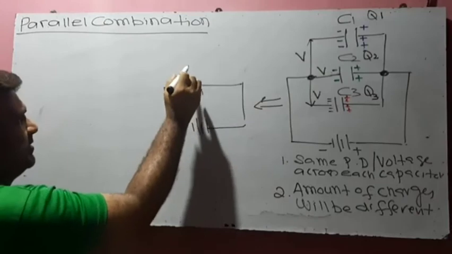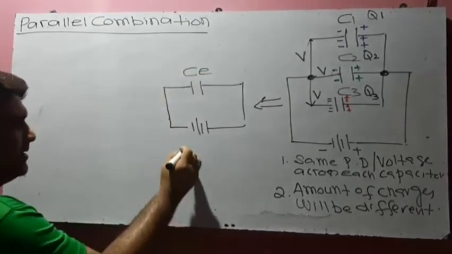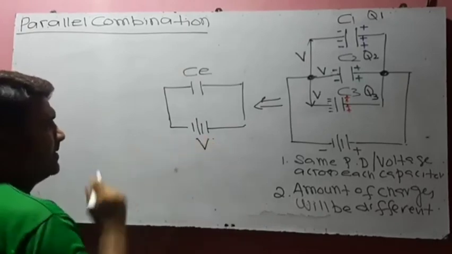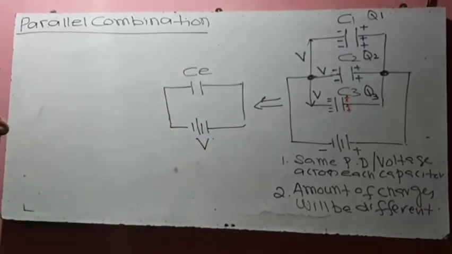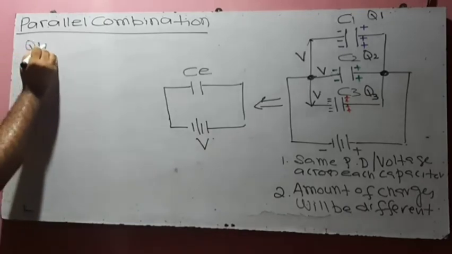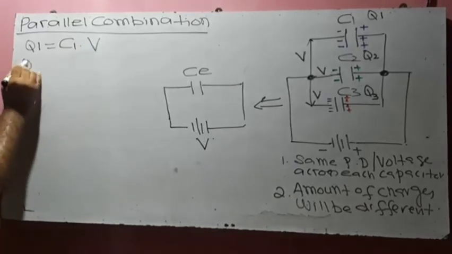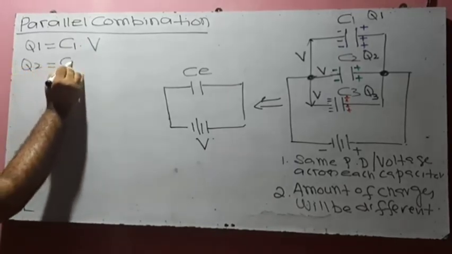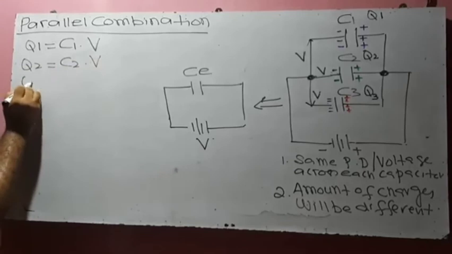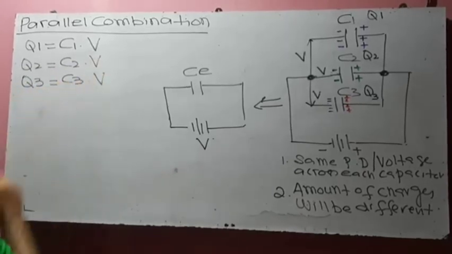Now this capacitor will be indicated by CE and the voltage is V. Now according to the basic equation of capacitor, the Q1 is equal to C1 into V. The charge across the second capacitor is C2 into V, and across the third capacitor is equal to C3 into V.